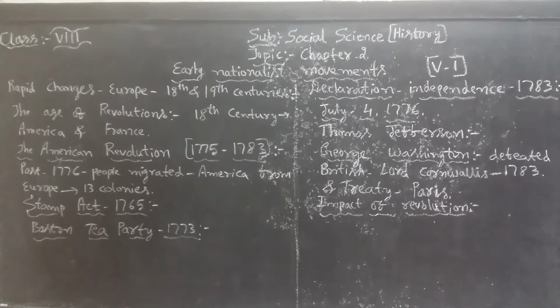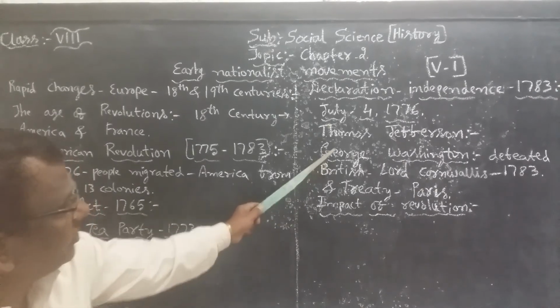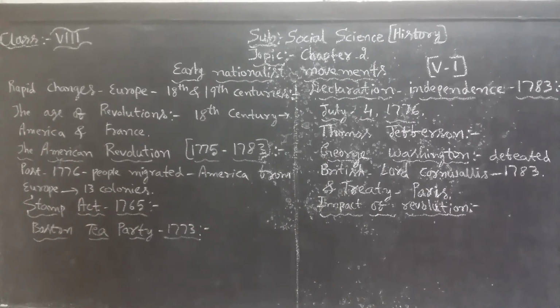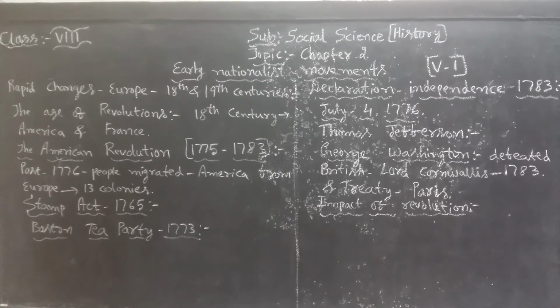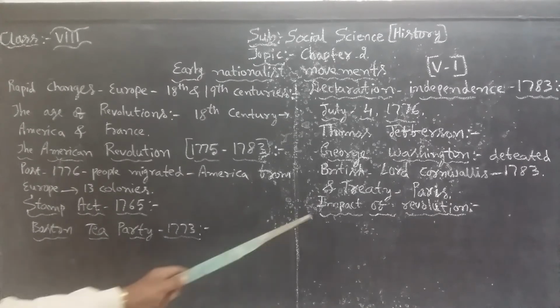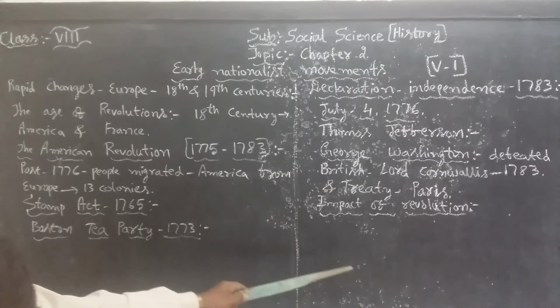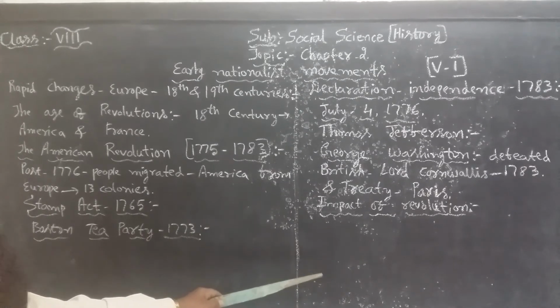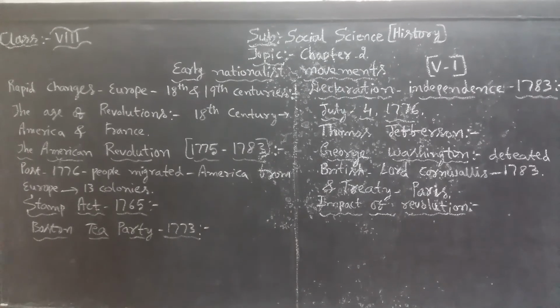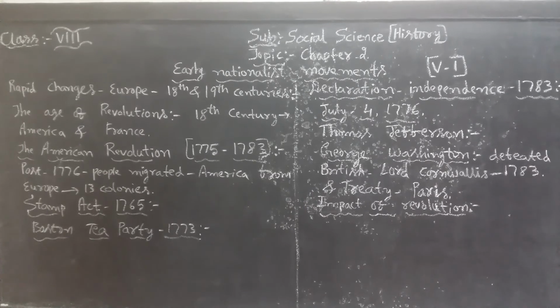As the British government refused to respect these rights, the people launched a mass movement which eventually turned into the War of Independence. Next up, George Washington. George Washington commanded the American forces and defeated the British army in the year 1781, when the English commander Lord Cornwallis surrendered.